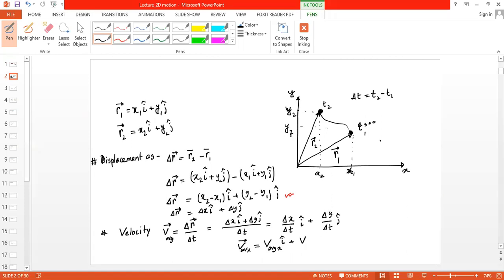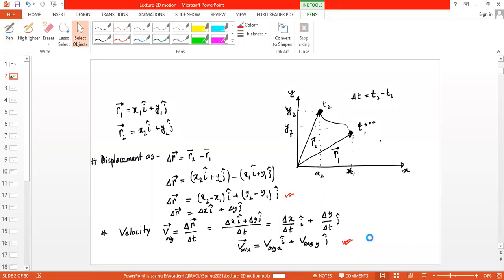This is again average velocity, but it is along y direction. So this can be written as the average v_y j. Okay, so this is the expression for average velocity in 2 dimensions.